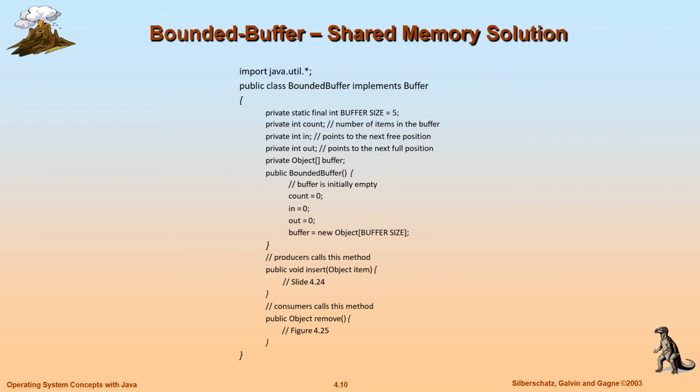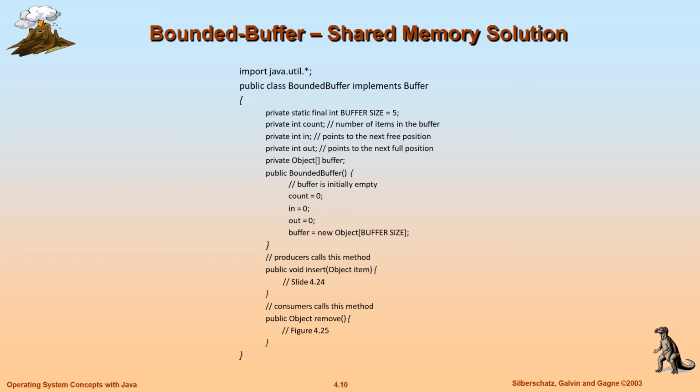Let us discuss the solution. The producer-consumer problem uses shared memory. To allow producer and consumer processes to run concurrently, we must have available a buffer of items that can be filled by the producer and emptied by the consumer. This buffer will reside in a region of memory shared by the producer and consumer processes.